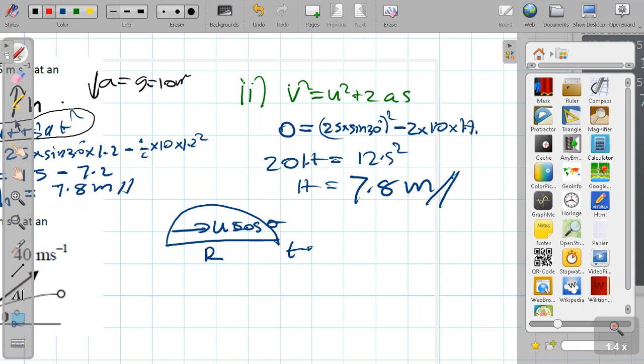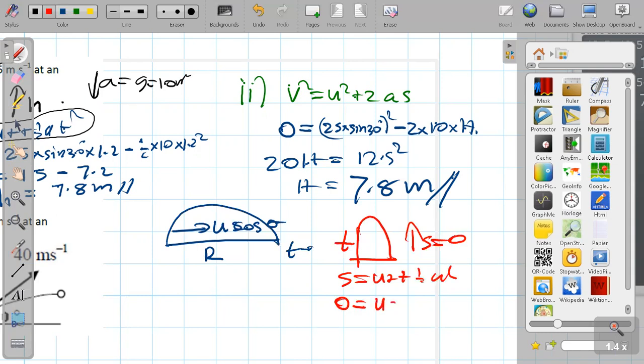One is the total time of the flight. Considering the vertical displacement, it is 0. s equals ut plus half at square. s equals 0, so u sine theta t minus half gt square.